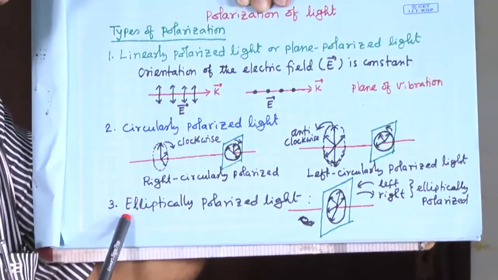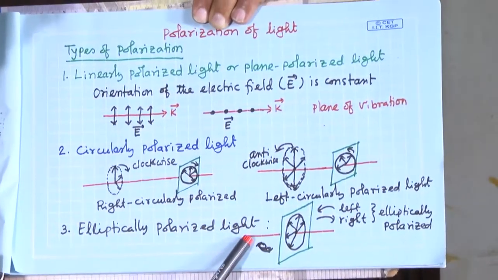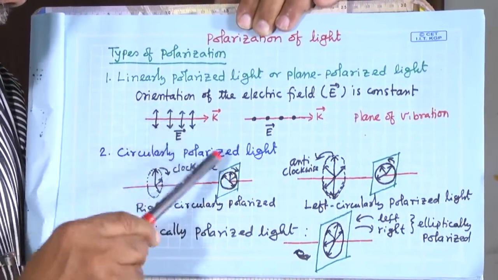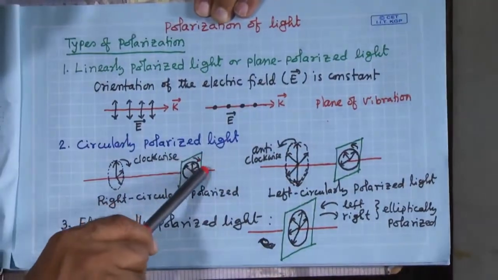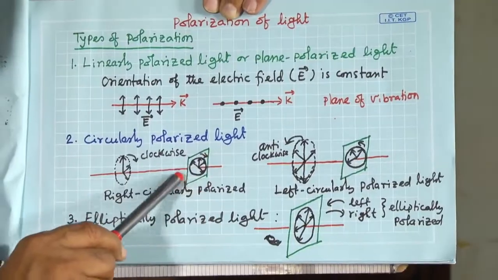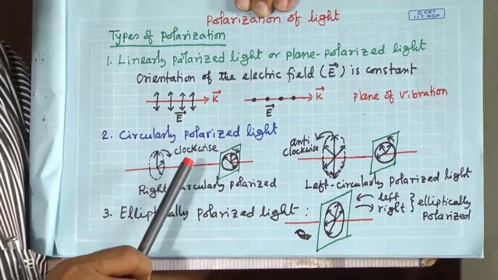Also, there are two other types, circularly polarized light and elliptically polarized light. When the tip of this electric vector rotates on a circle, then we say that this is circularly polarized light.